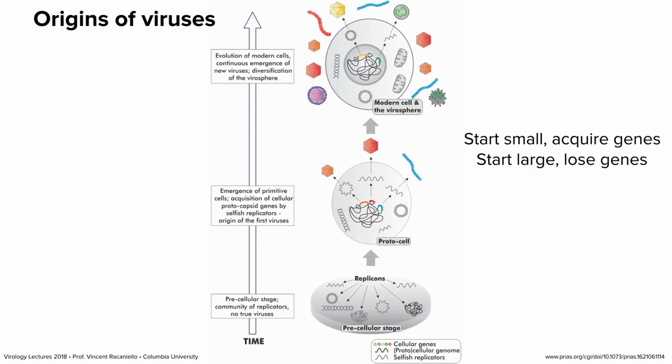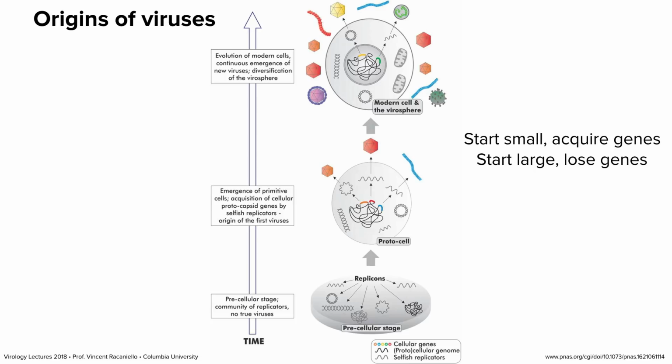Eventually, and this is a big gap here, there is an emergence of primitive cells. So now we have a cell membrane, initially without a nucleus. These replicons start to replicate in these primitive cells. They give rise to proteins, of course. They give rise to reverse transcriptase, which now makes DNA, and you now have DNA cells.